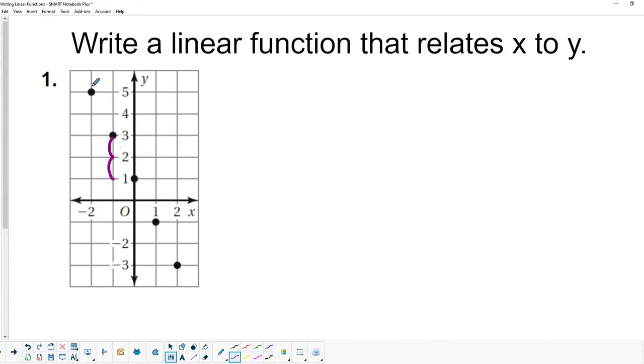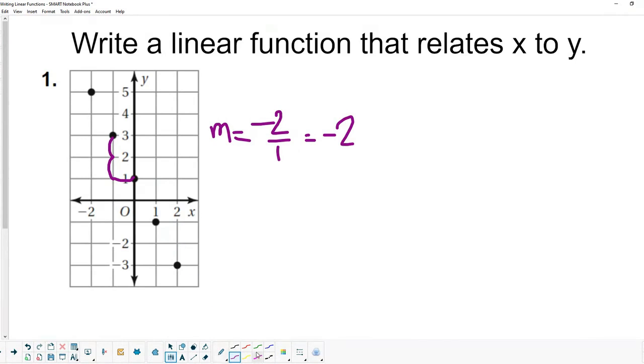I'm just picking any 2 points along this line, and two that are pretty close to where the y-intercept is. It might make it a little easier. Between those 2 points, I drop 2 and go over 1. So there's my slope. m is -2 over 1, which we can simplify to be -2.